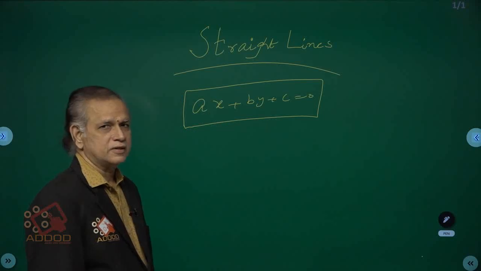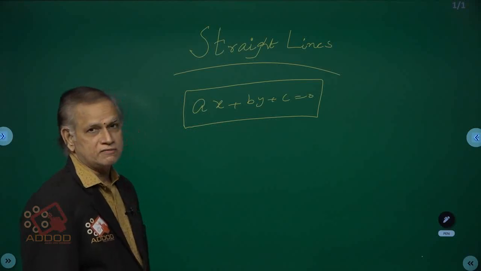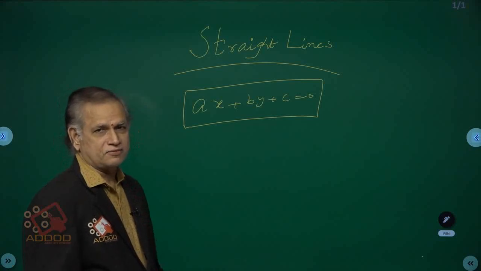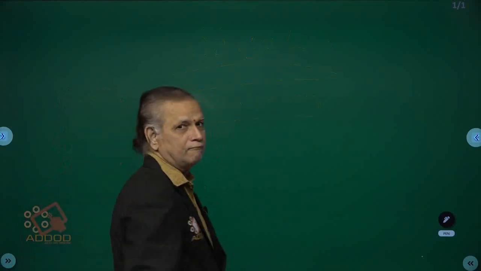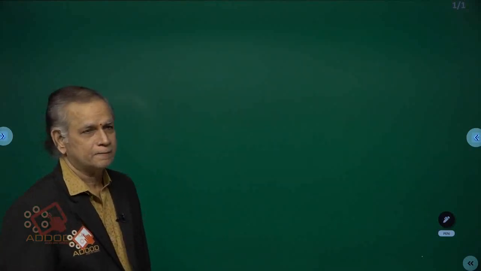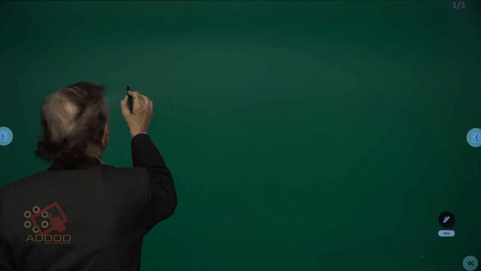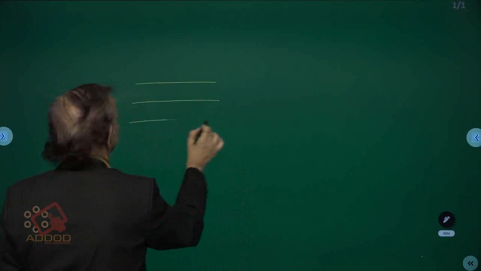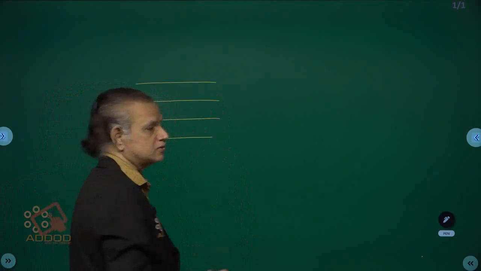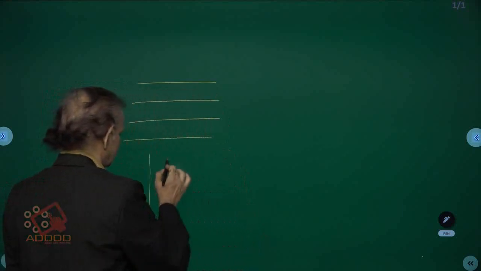let us now focus our entire attention on different types of straight lines. How many types of straight lines can we discuss? Observe this. These are horizontal lines. Observe this.